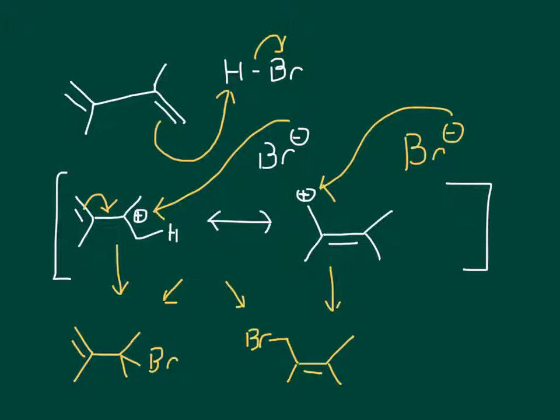If we start by trying to identify the thermodynamic product, one thing we can look at is how substituted the double bond is. Here we have a di-substituted alkene, and here we have an alkene that's substituted by 4 different groups. So this would be the most stable product, so we can go ahead and put thermo for this one.